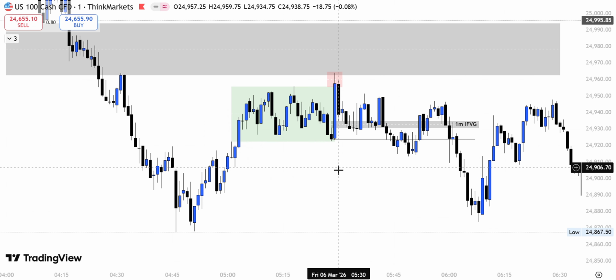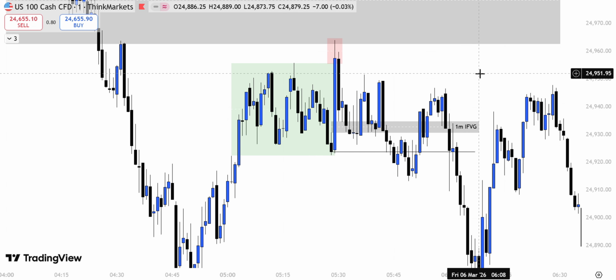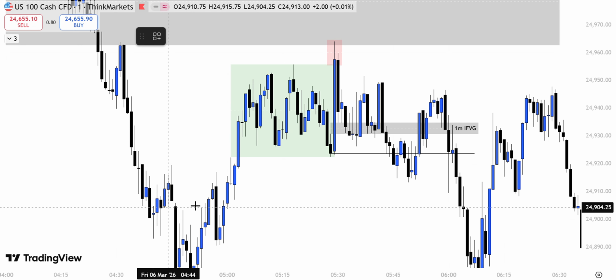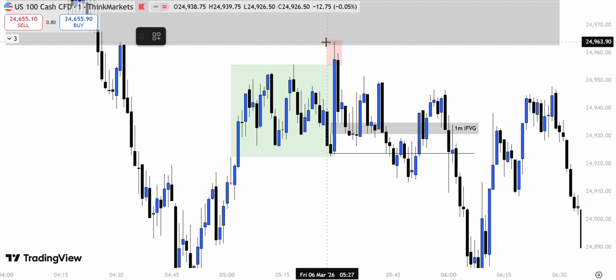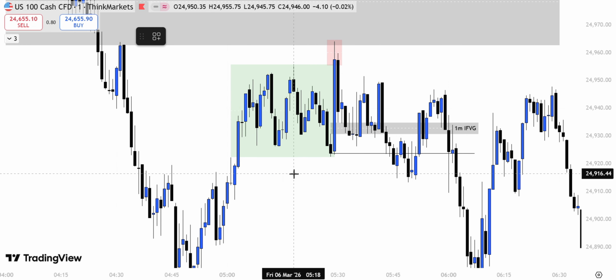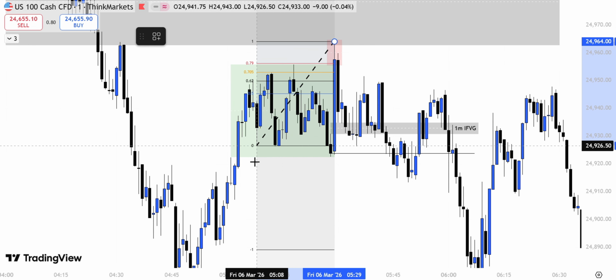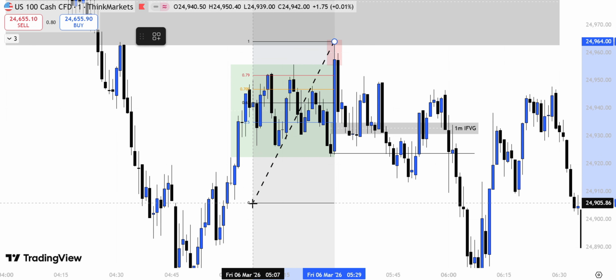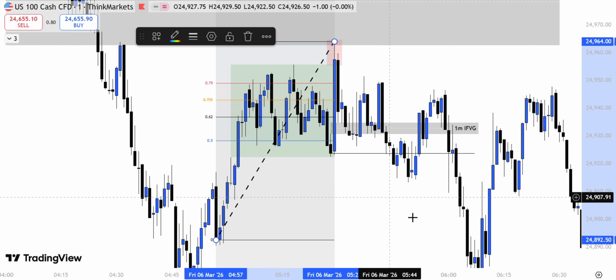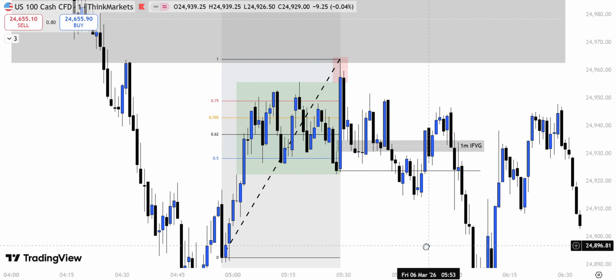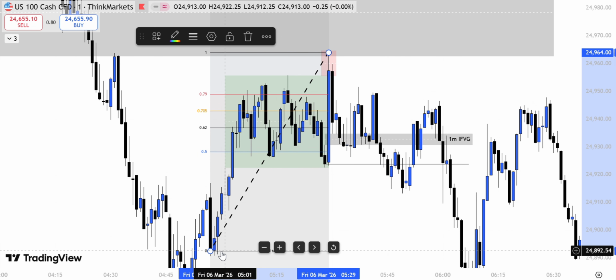Now, how do you mark the standard deviation? To mark the standard deviation, you grab your fib tool with the fib settings that I told you, and you drag it. In this bearish example, you drag it from the highest point, basically the highest point of the manipulation, which is right here, to the lowest first pullback move of the expansion towards the manipulation. This may sound a little bit confusing, but I'm going to explain it again, right?